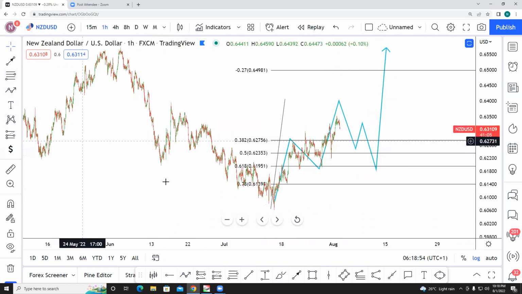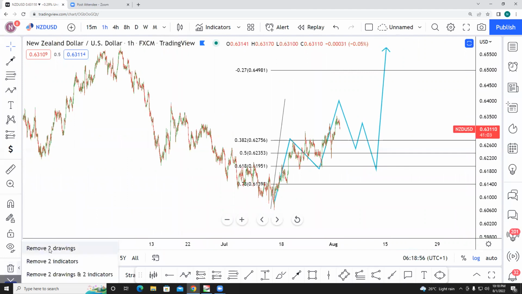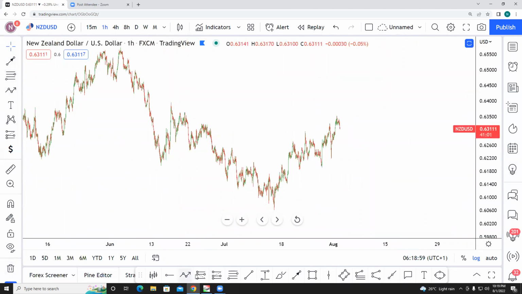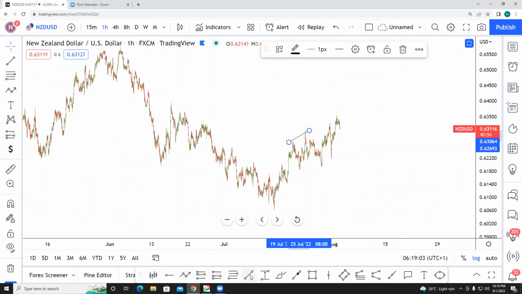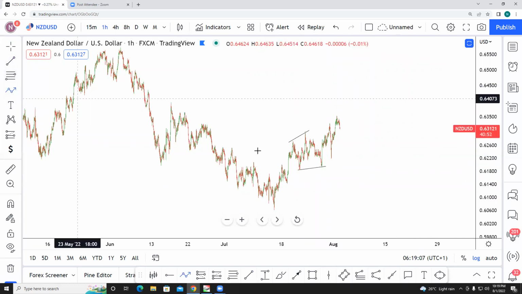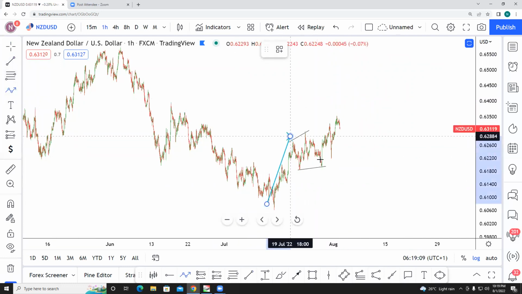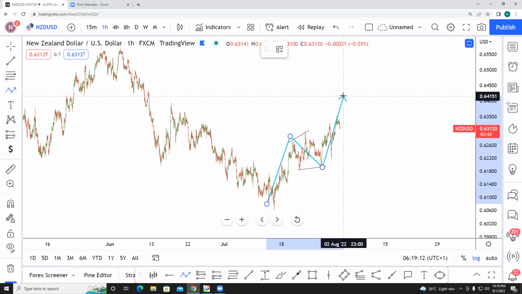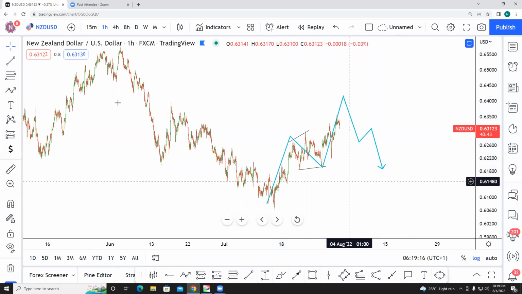Three-wave impulse. And where are the waves? Somebody is confused here. Where are the waves? This is a corrective structure in the middle. This is one wave here, this is the second wave here, this is the third wave here. We need it to correct to 50 to 61.8.